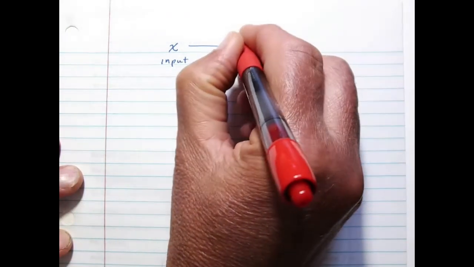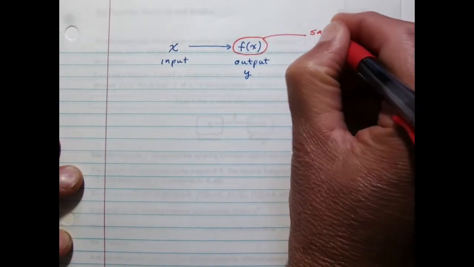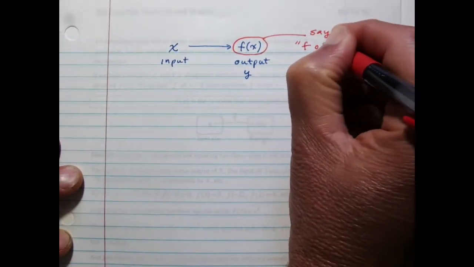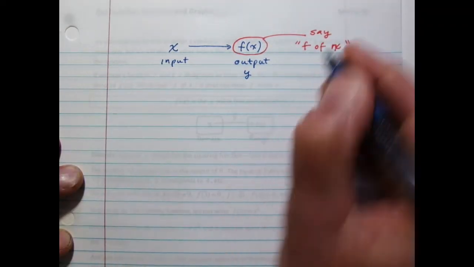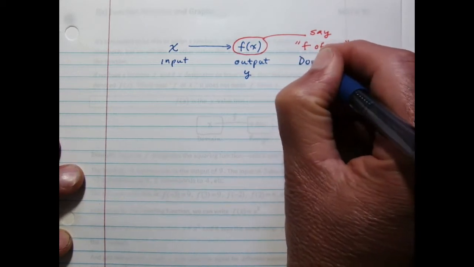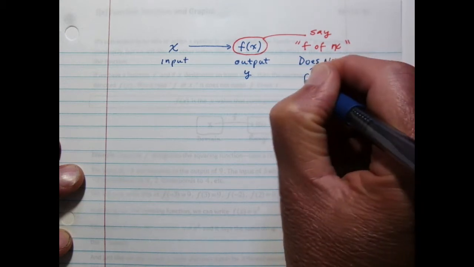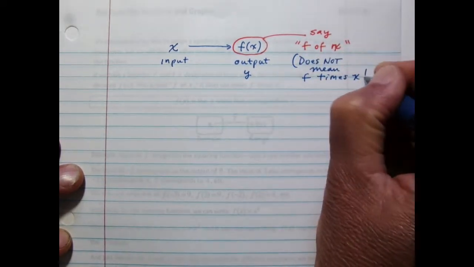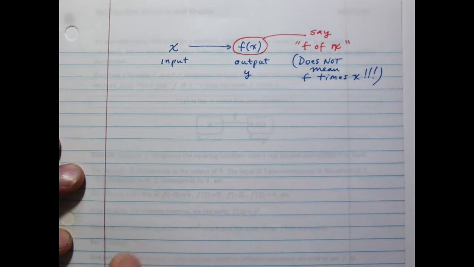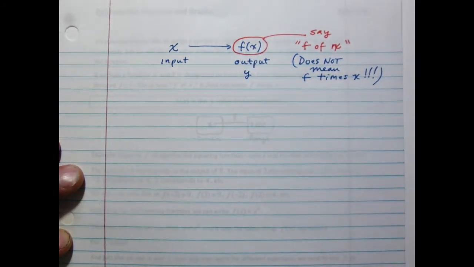When we see this symbolism, we say f of x. That's how we read that. And just be aware that does not mean f times x. So it's got nothing to do with multiplication of f times x. It just means the output that corresponds to the input of x.